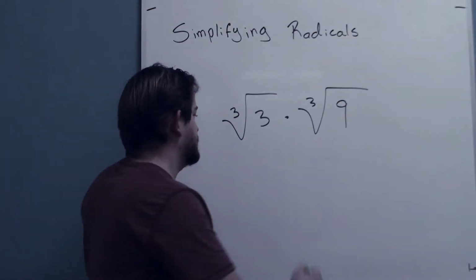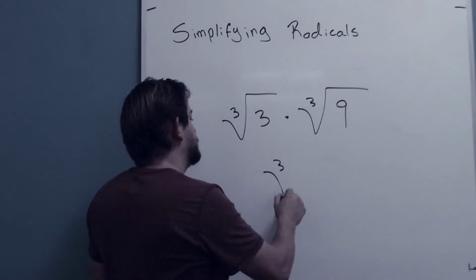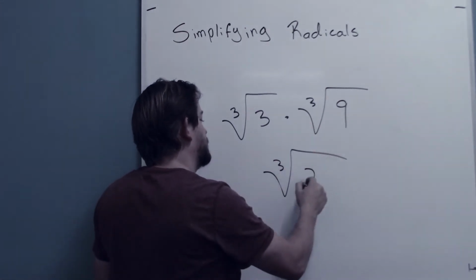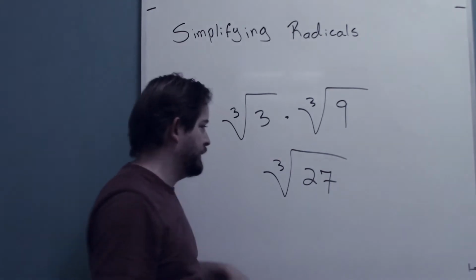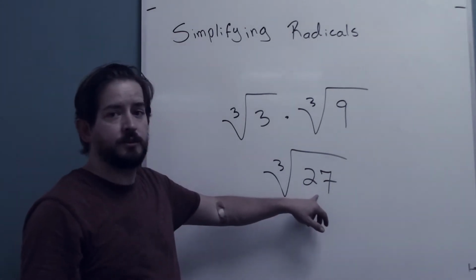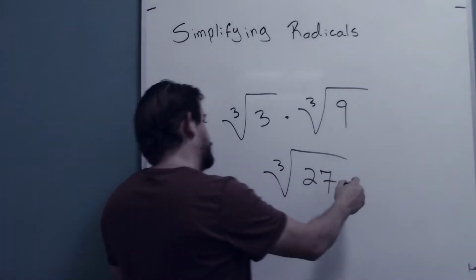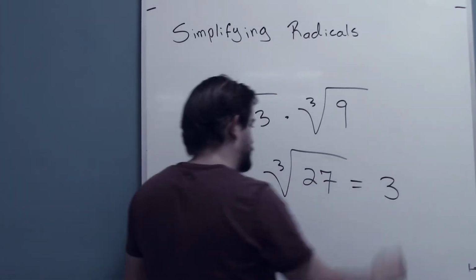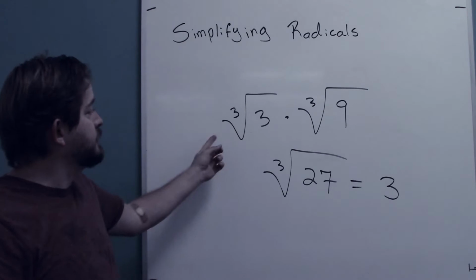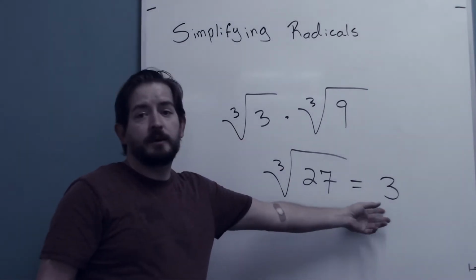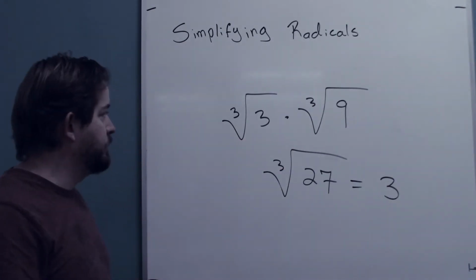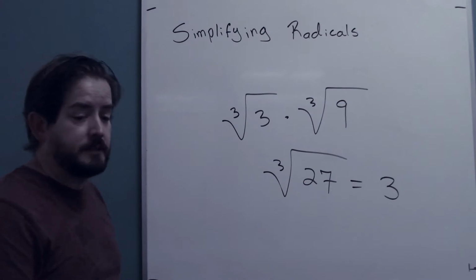But I can take this and call this the cube root of 3 times 9, which is 27. 27 does have a cube root. 27 is 3 times 3 times 3, so the cube root of 27 is 3. And I've simplified this expression all the way down to a nice integer. So sometimes it works out nicely to do this.